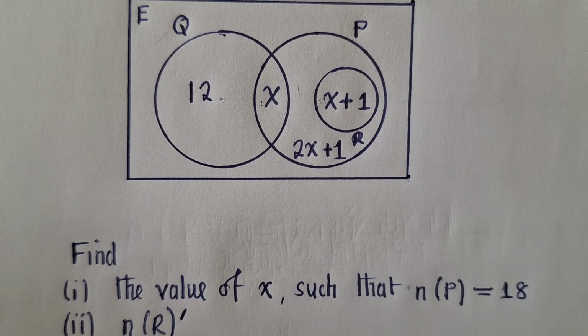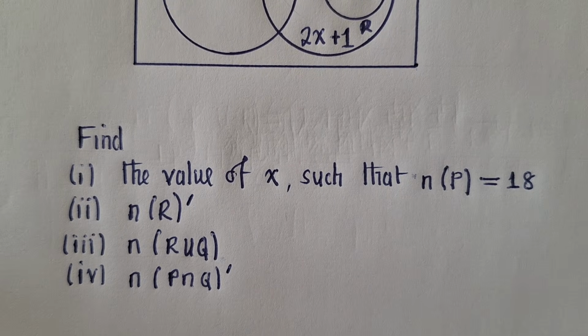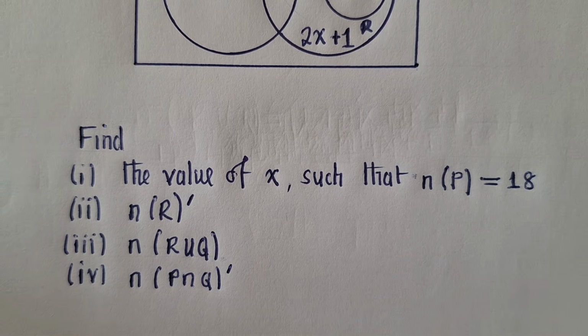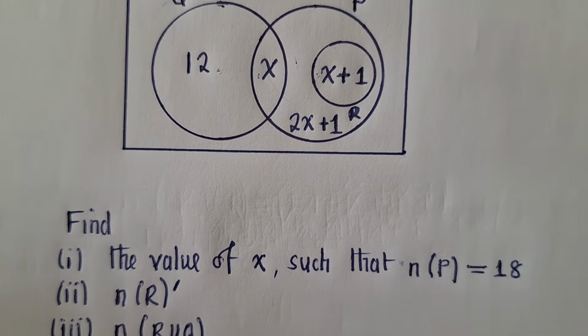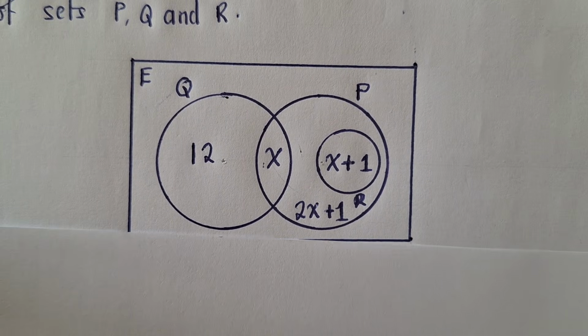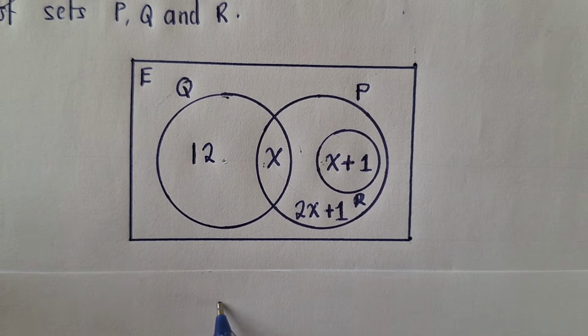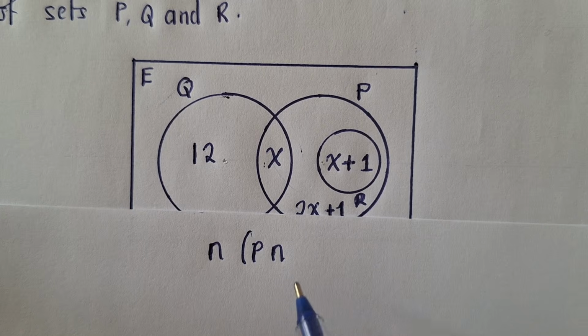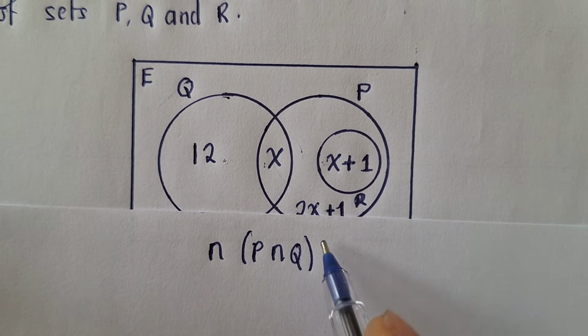We go to our last question, which is number of elements in P intersect Q, complement. Remember, there is complement. So this is very important. Let me write it here. They're saying number of elements in P intersect Q complement.